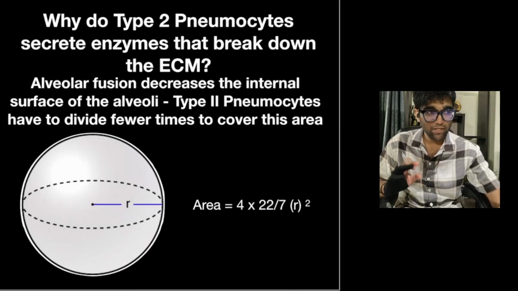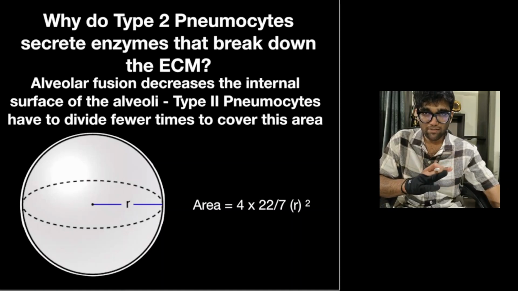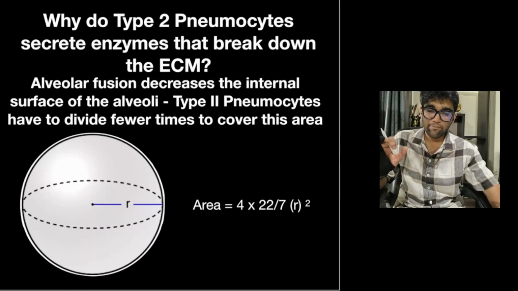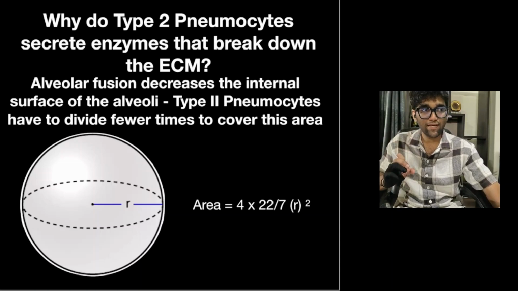Okay, so every time the type 2 pneumocyte is activated, not only does it proliferate to cover up the empty area that has been left by the dead type 1 pneumocyte, but it also secretes enzymes into the extracellular matrix that degrade the ECM and bring the two basement membranes of the alveoli closer together.